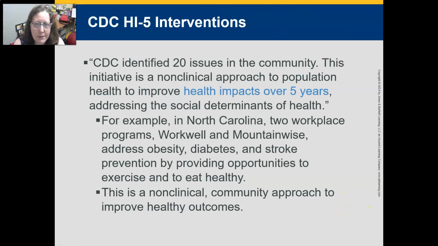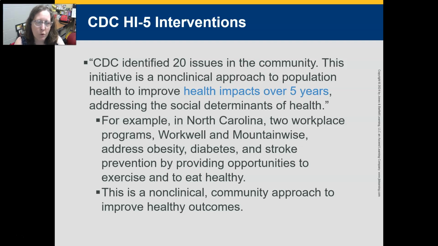And so let's look at the CDC HI-5 interventions. So the CDC identified 20 issues in the community. This initiative is a non-clinical approach to population health to improve health impacts over 5 years. So that's what the HI is, health impacts 5 years. Okay. By addressing the social determinants of health.